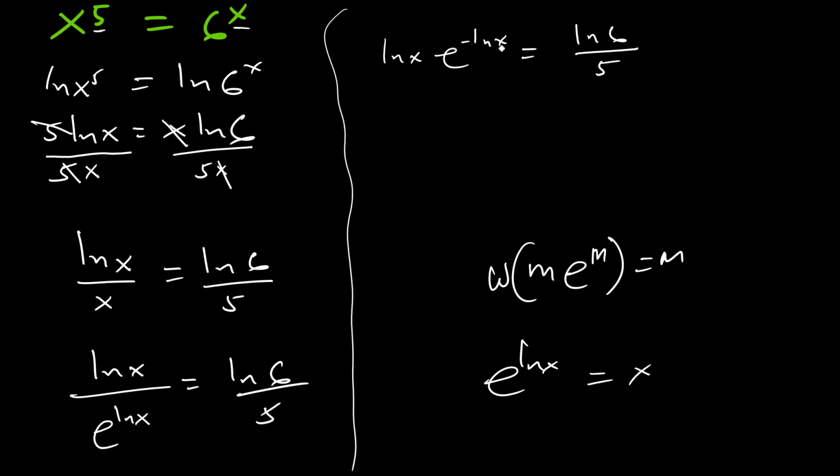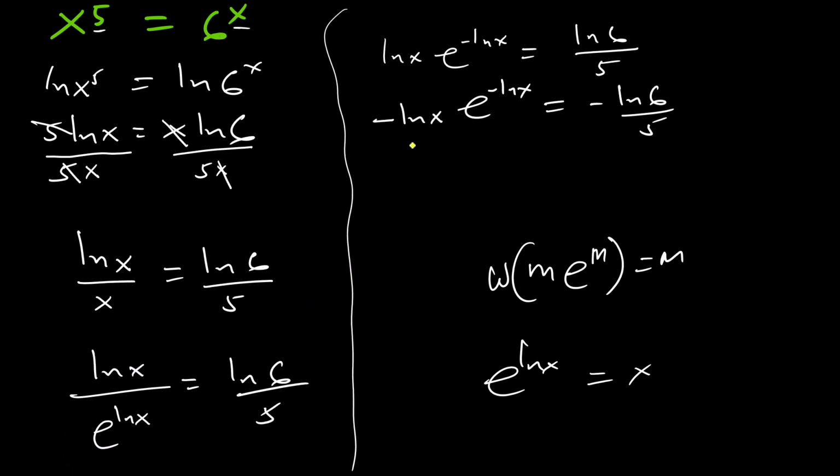We have negative ln of x, we have ln of x. So we need to negate this. So you multiply both sides by -1 to make it equal. So we have negative ln of x times e to the minus ln of x equals minus ln of 6 over 5.